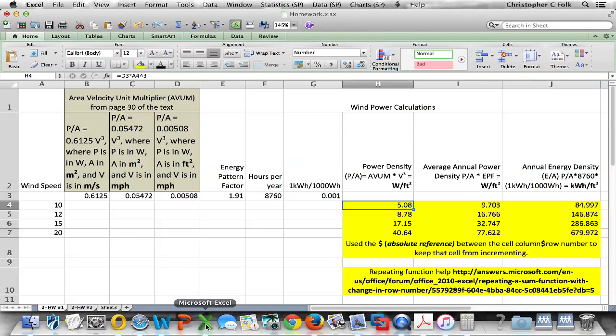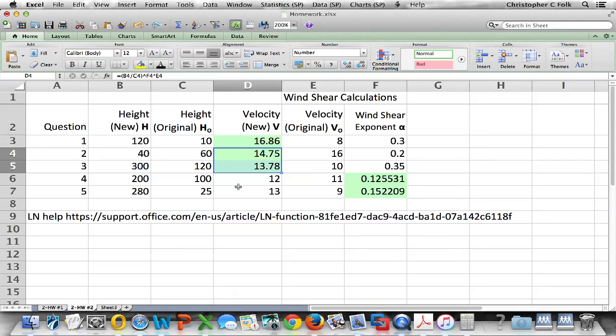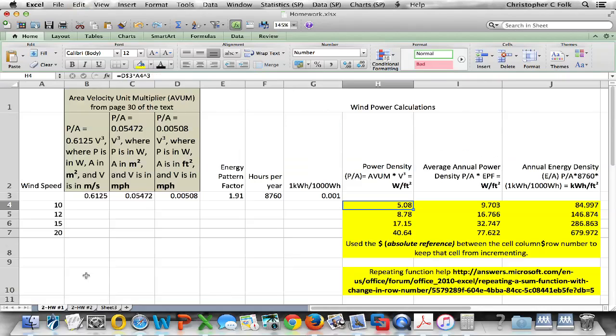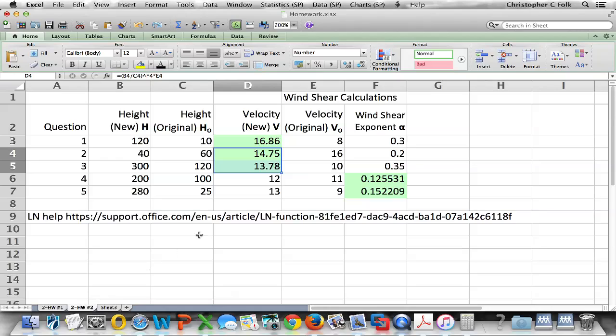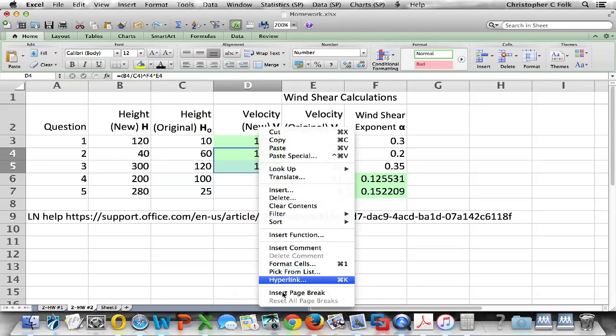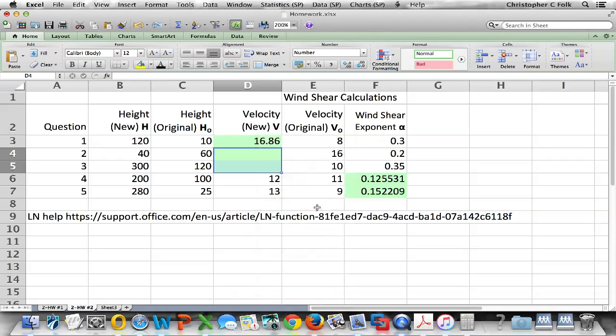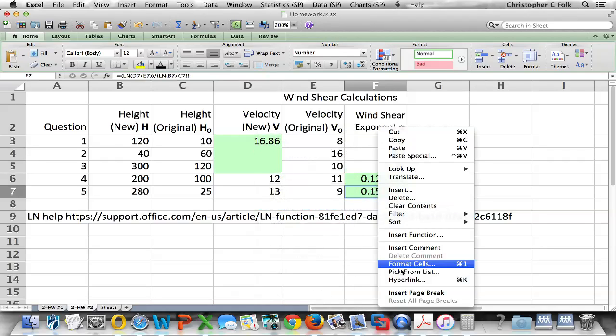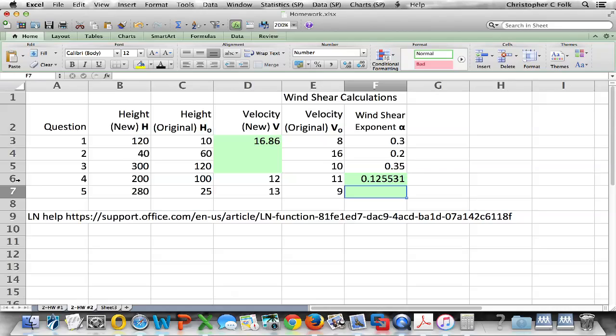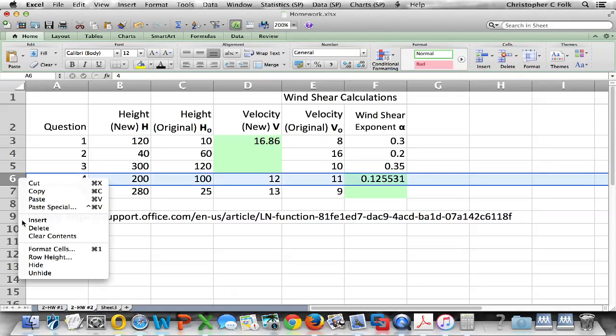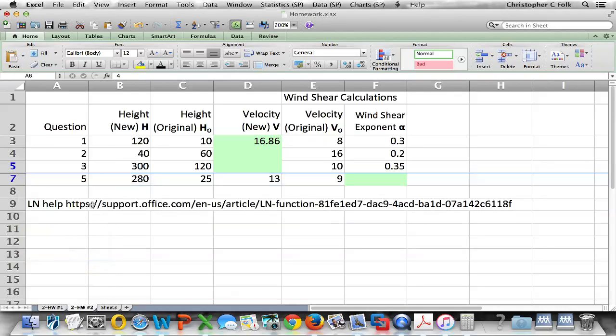That's a great idea. So here we are in Excel numbers, and let me clear that out. I'm going to clear this data, and I'll clear this data, and I'm going to hide this cell. All right.